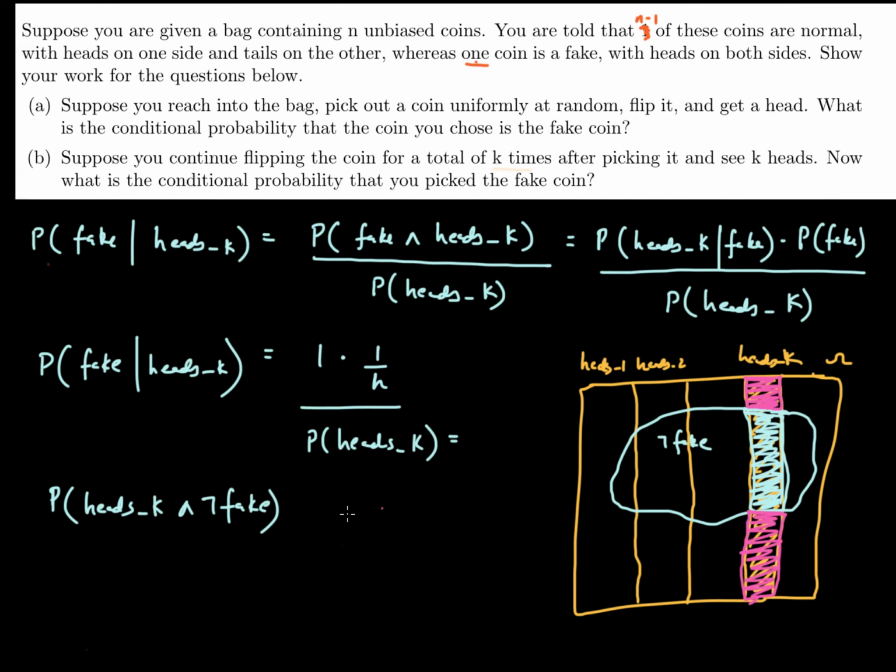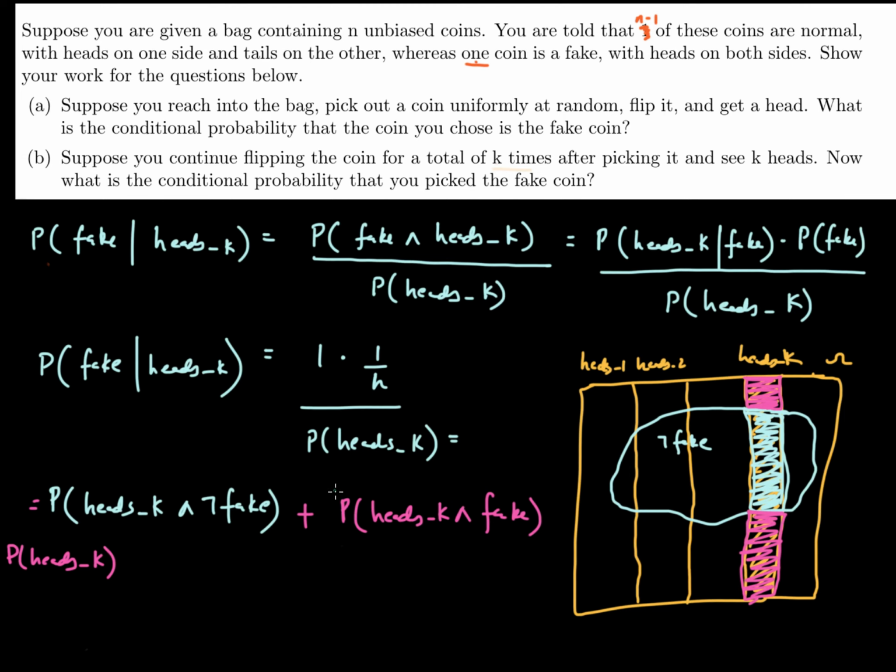Both these pinks together is nothing but the probability of heads occurring k times and the coin being fake. And when I add them up, I'm going to get back the entire yellow shaded strip, which is nothing but the probability of heads occurring k times.